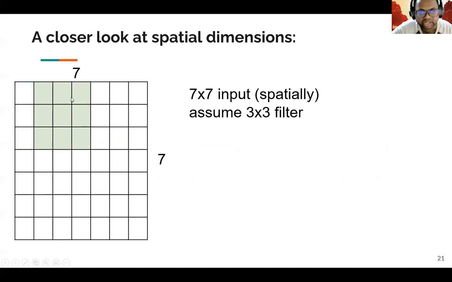You stride it by 1 and you get another value from the dot product, and then you stride again and get another value, and again, and finally you do another to get 5 outputs in one row. In the same way, when you perform this operation across the 5 columns, you get a 5 by 5 output. This kind of convolution operation is going to give you this much.